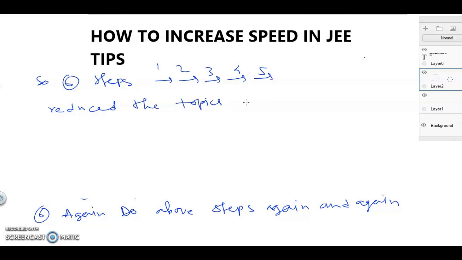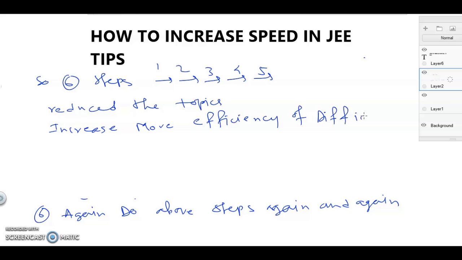You go deeper and deeper into the subject and increase your efficiency on difficult topics.